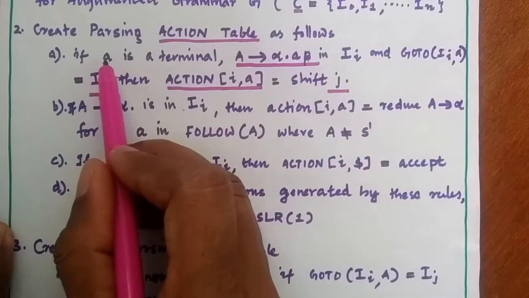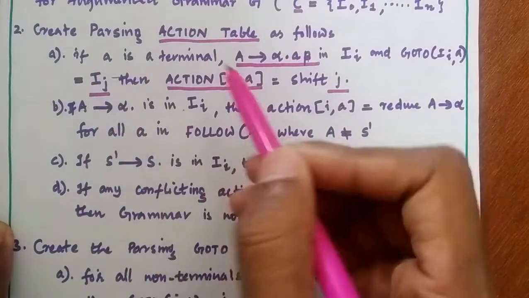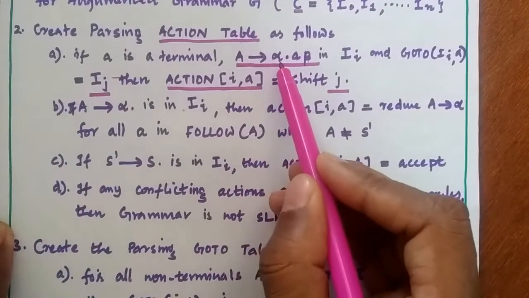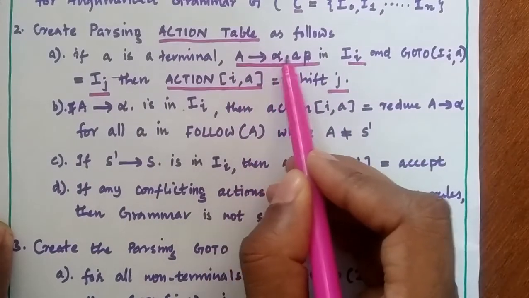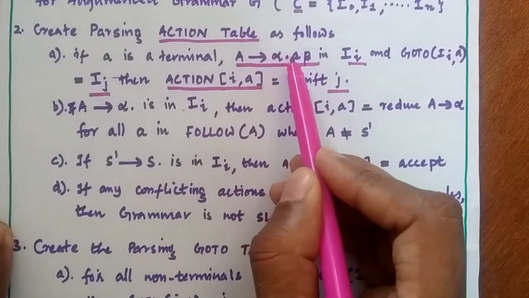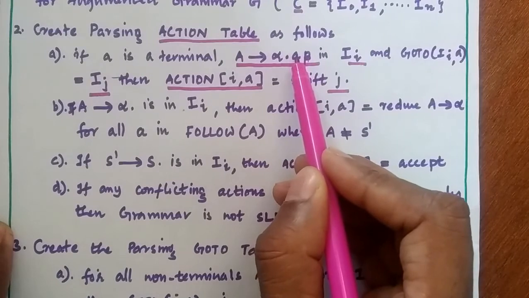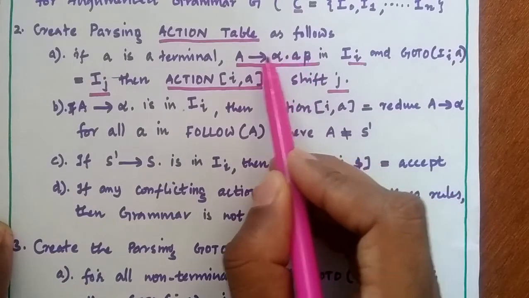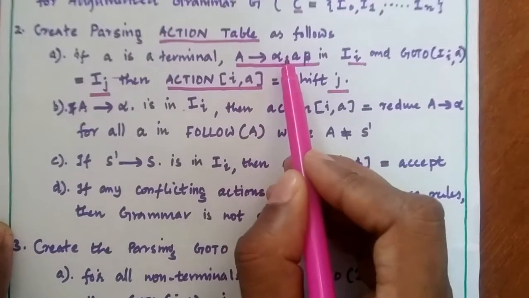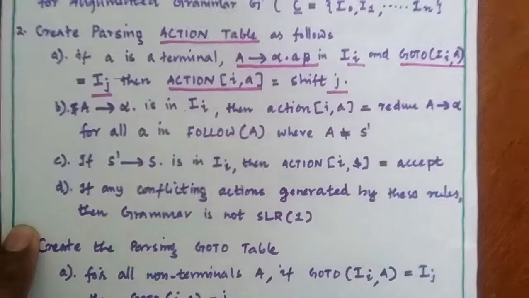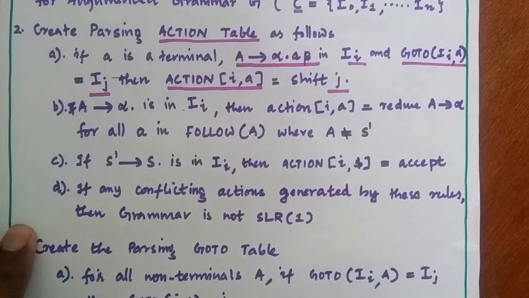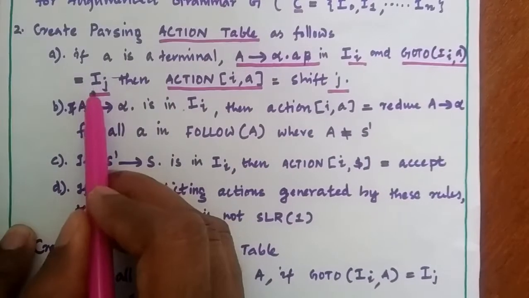That is, if a is a terminal symbol and we have an item in Ii of the form A gives alpha dot a beta, so the dot is just left of small letter a, and goto(Ii, a) is equal to Ij.